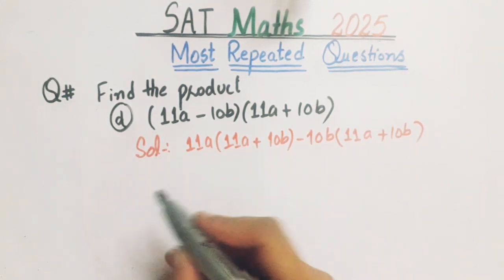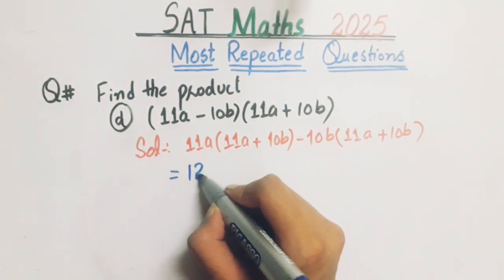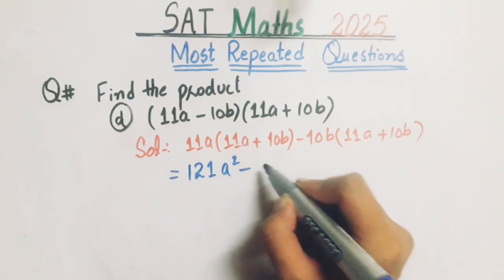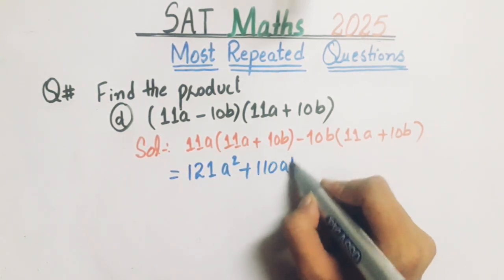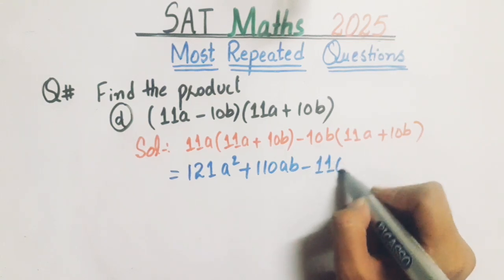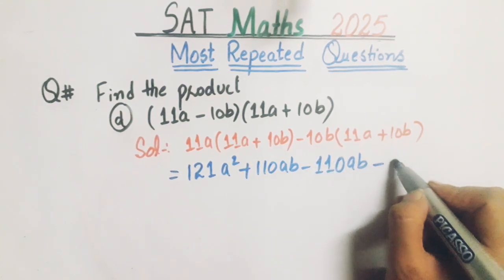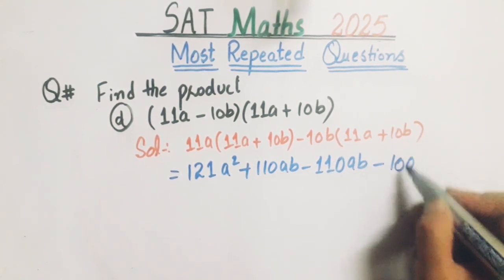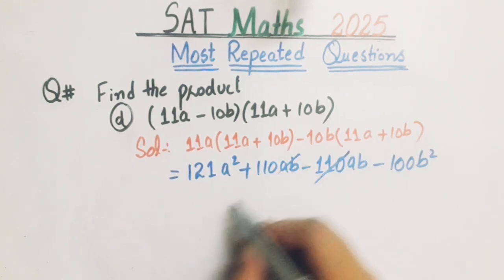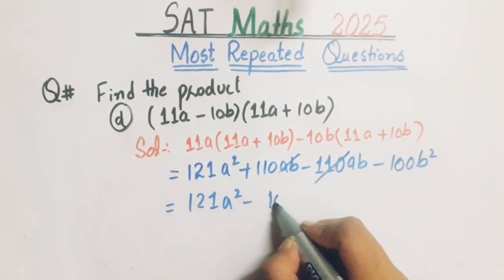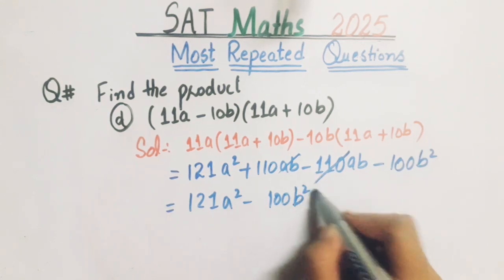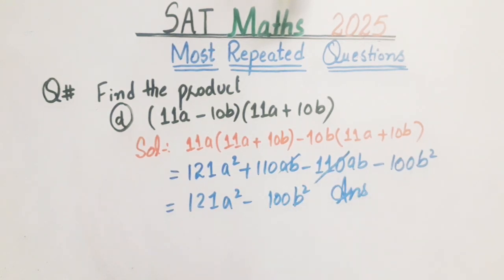So 11 into 11 is 121 a square plus 11 into 10 is 110 ab minus 110 ab, minus 10 square is 100 b square. So these cancel out. We have 121 a square minus 100 b square. So this will be the answer.